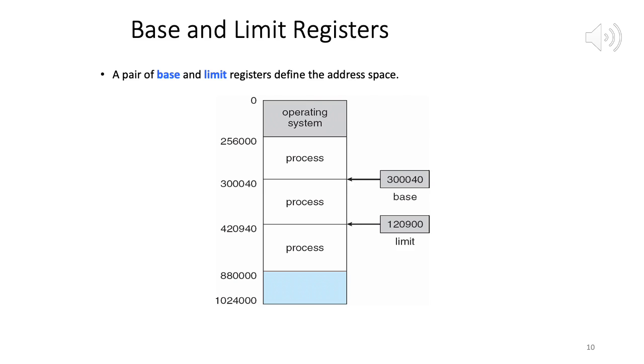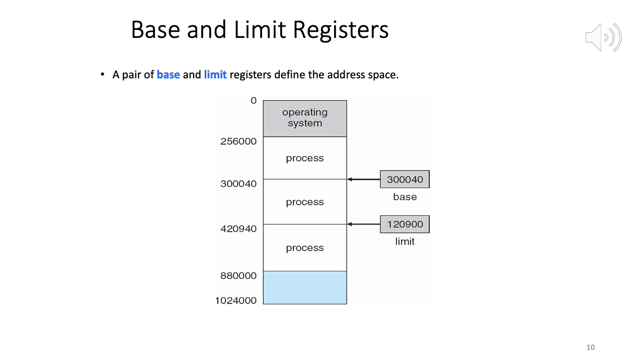So once again, the base register holds the smallest legal physical memory address, or main memory address, and the limit register specifies the size of the range. In this address space we have a range of addresses, and that range is specified using the limit register.